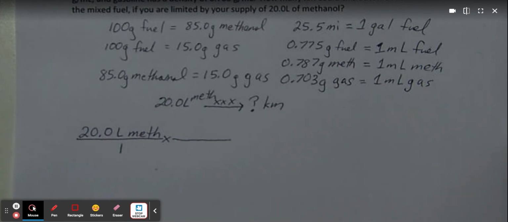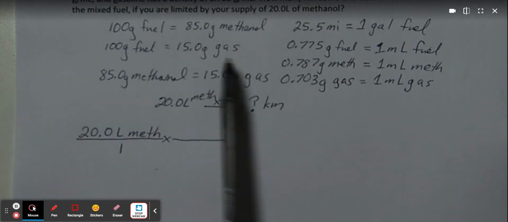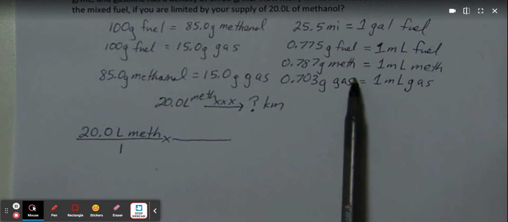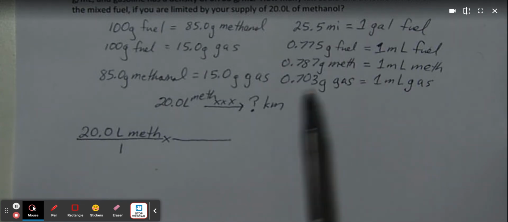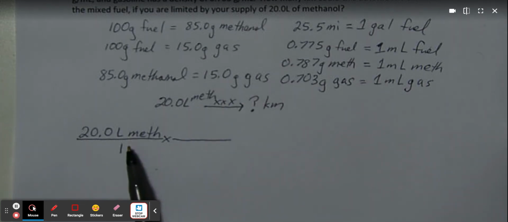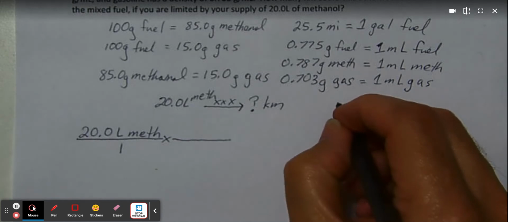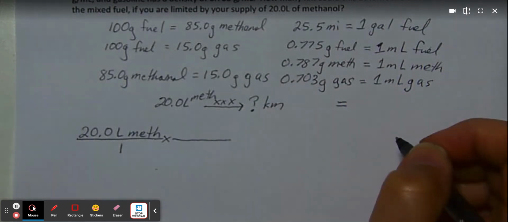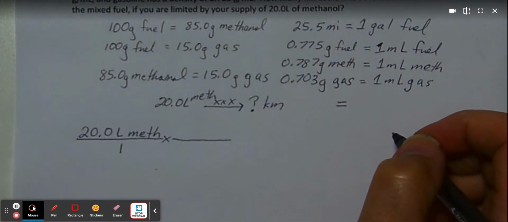Okay, so I need to convert liters to milliliters, because you'll notice that I have grams and I have milliliters here. I don't have everything in liters. And again, to do that, I'm going to set up my equality. You're going to need to know your prefix multipliers.